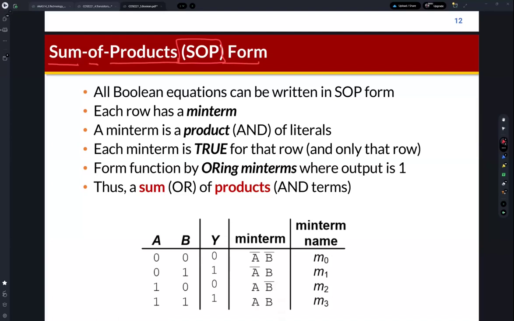All Boolean equations can be written in sum of products form. So we can represent a Boolean equation using sum of products.